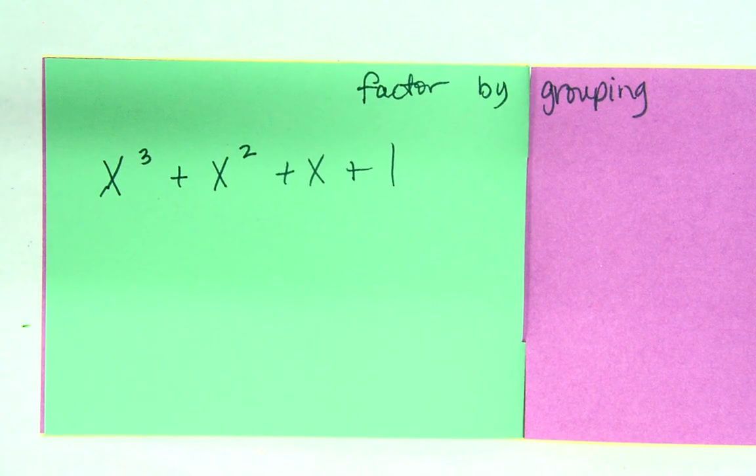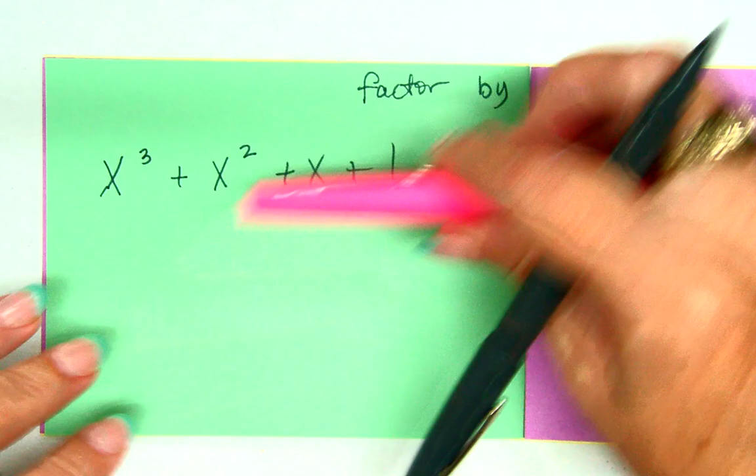So when we're factoring by grouping, you're going to know that you want to try factoring by grouping when you have 4 terms. Okay? When there's 4 terms, you're going to want to try to factor by grouping. Now when we factor by grouping, wouldn't it be a lot easier if there was not 4 terms, if there was only 2? Yes, so that's what we're going to look at, okay? We're going to pretend there's only 2 terms.